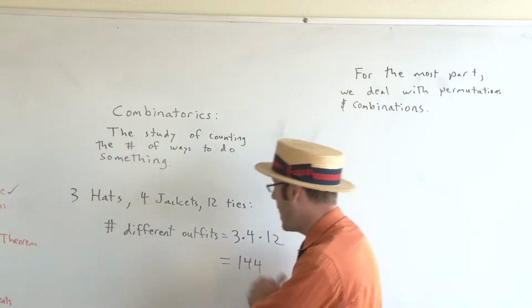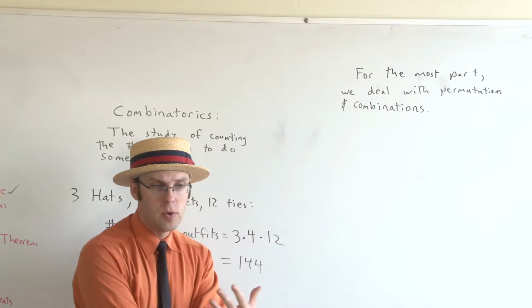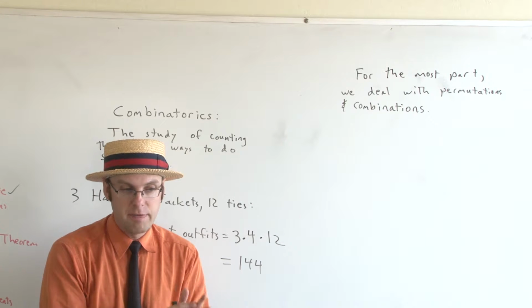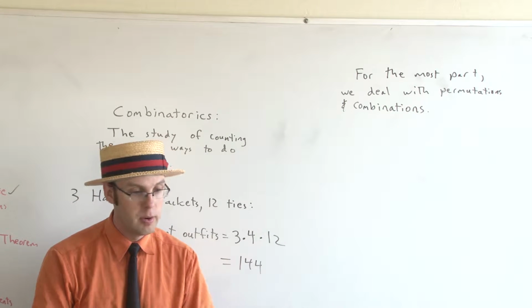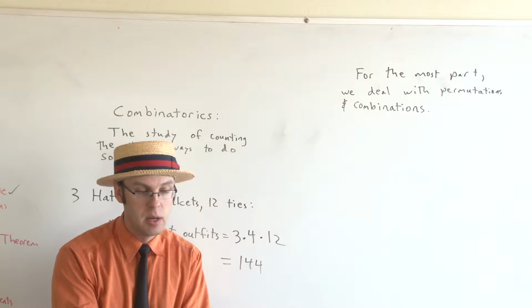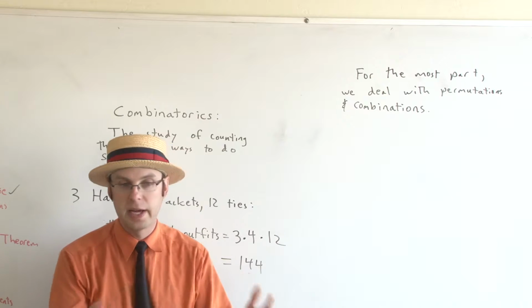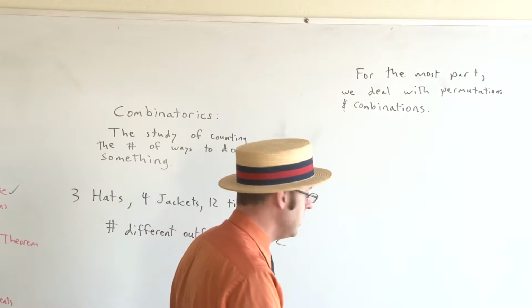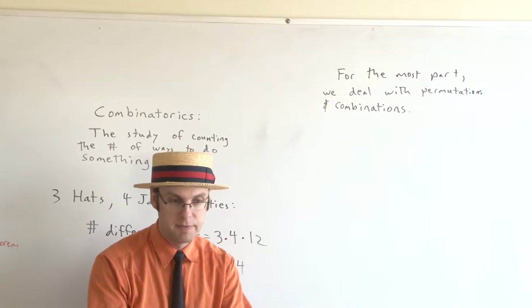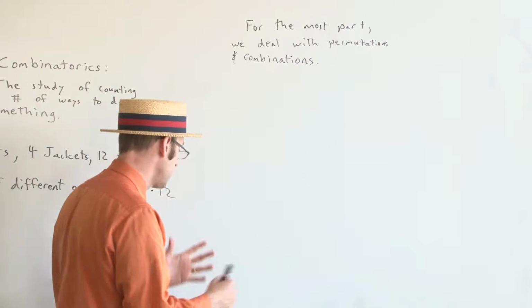And indeed, it's not that different from this idea. What you use these for is when you have a pool of people or objects that you're pulling from, and you're trying to pick a certain number of them for a team or a collection or something like that. And you want to know how many different teams, how many different collections you can make. That's what these things are for.